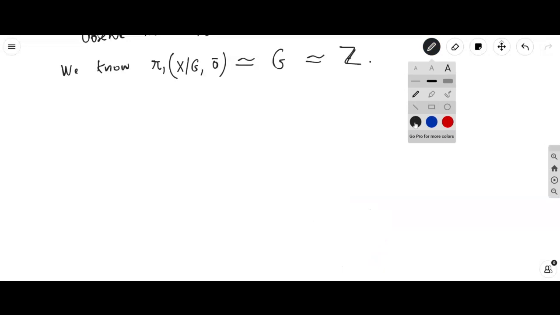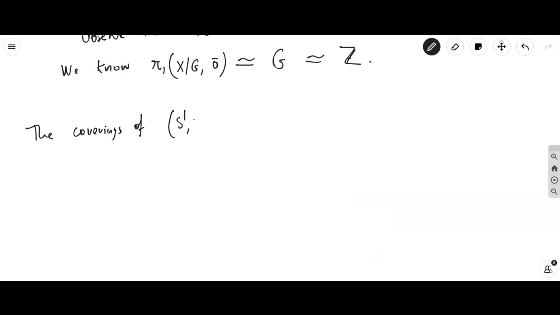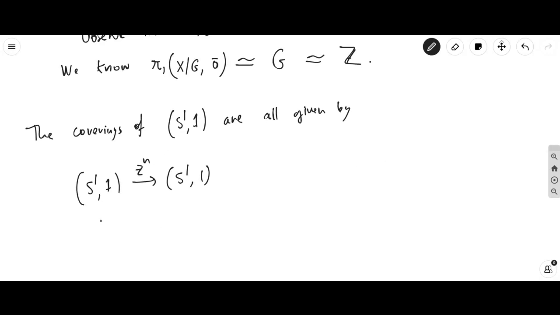So the coverings of the circle are all given by, so you could map the circle to itself by the mapping z to the n, and this is for n equal to 1, 2, 3, and so on.